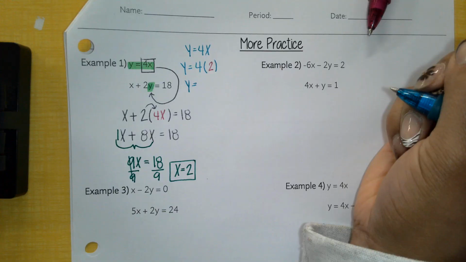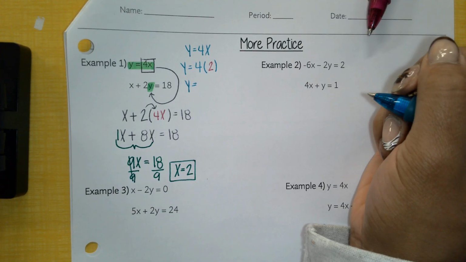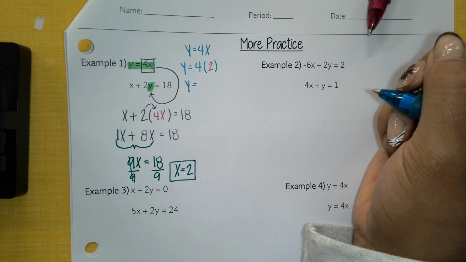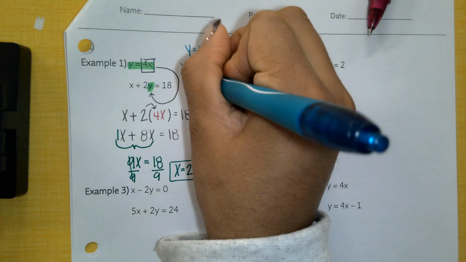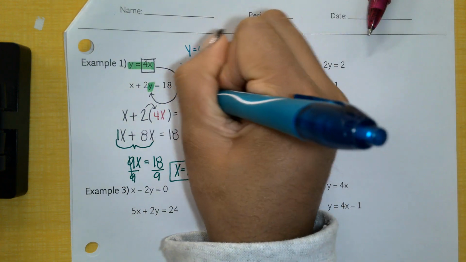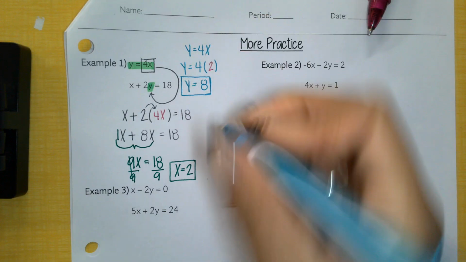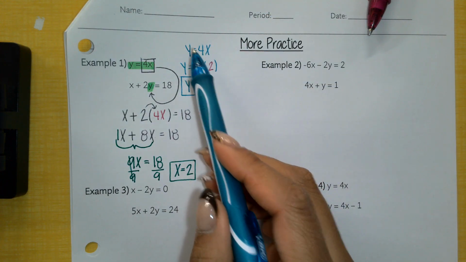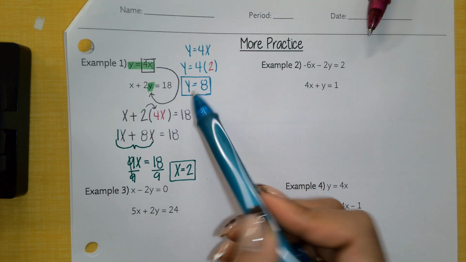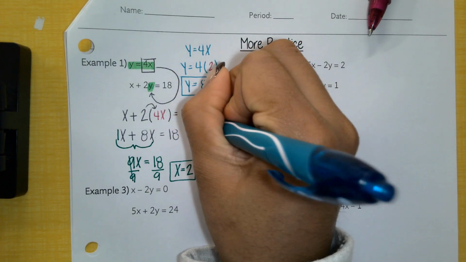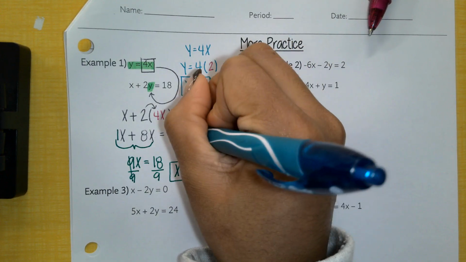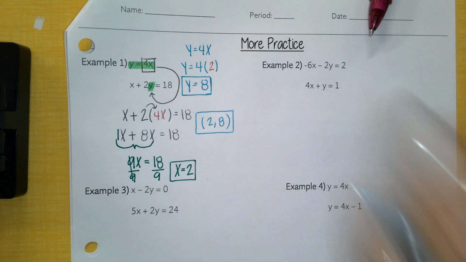What's 4 times 2 equal to? 8. So that means that my y value is going to be equal to 8 because my x value was equal to 2. I plugged it into y equals and I got 8. So my final answer is going to be 2, 8, which is what I want all your answers to be written as an ordered pair.